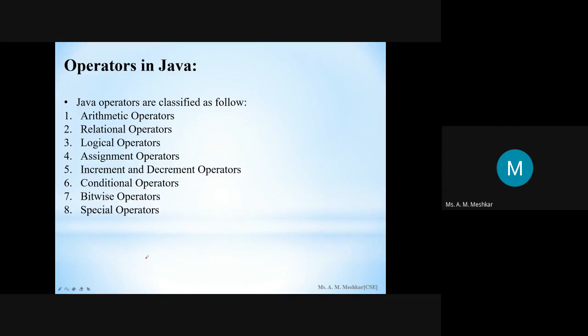Also, you are familiar with operators in C++. Let us have a look at the different categories available with Java also. So as you can see here, we are going to see 8 categories of operators: arithmetic operators, relational operators, then logical operators, assignment operators, increment and decrement operators, conditional operators, bitwise operators, and special operators.